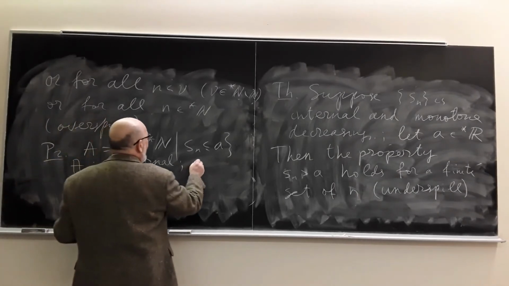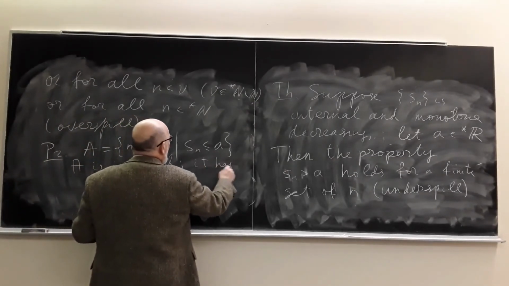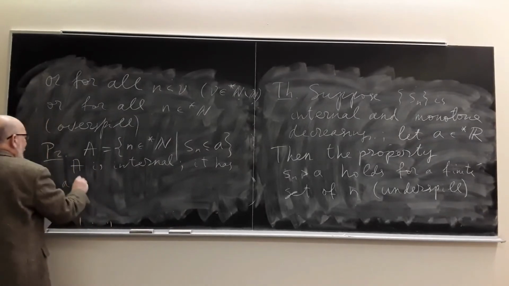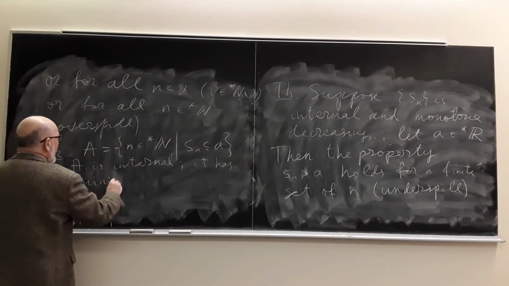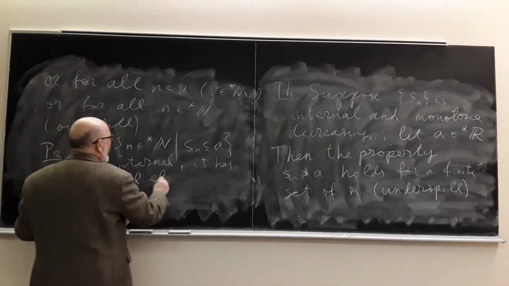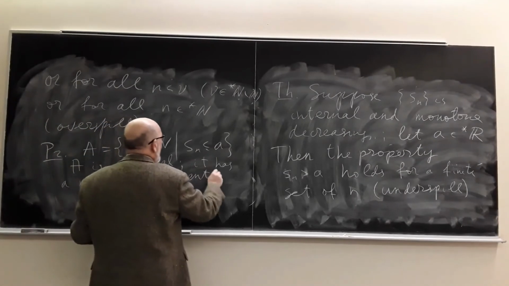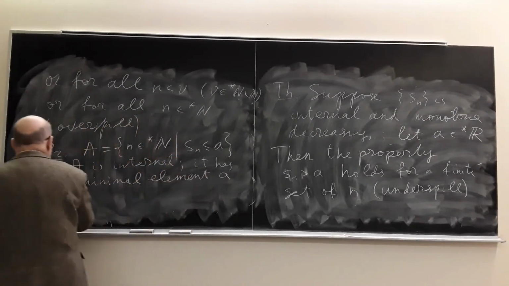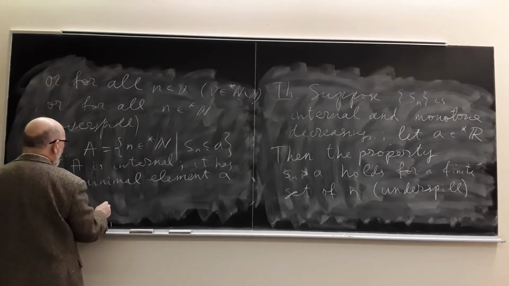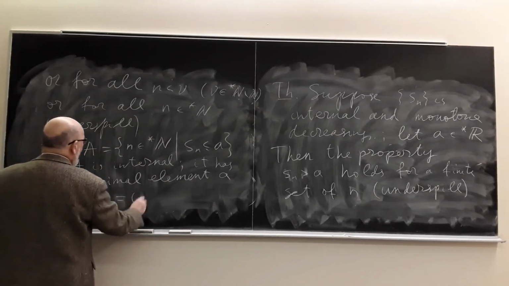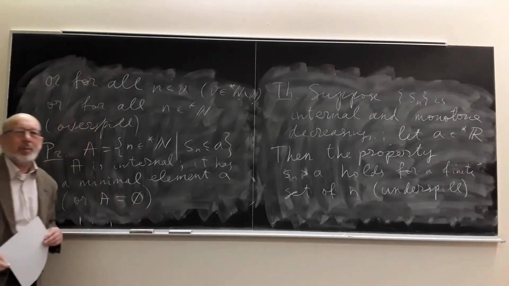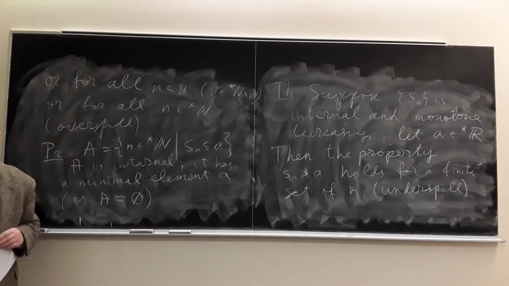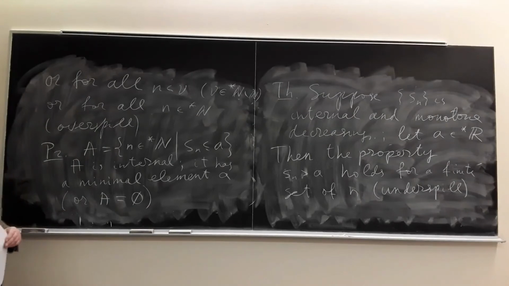So it has a minimal element, or another possibility, the set is empty. It's also possible. So it decreases, but say if all the terms are positive and A is negative, then the set is empty.